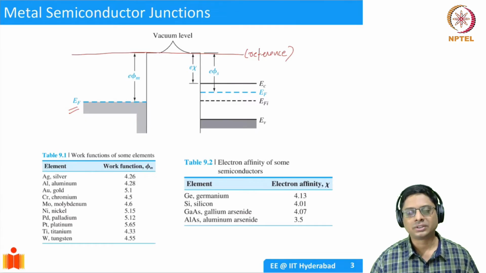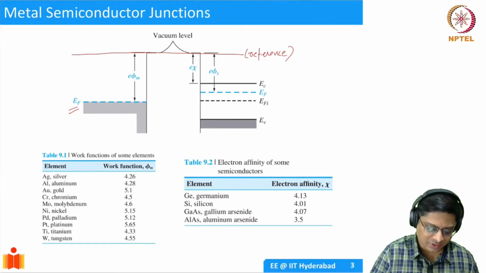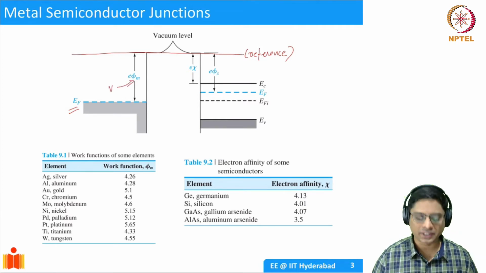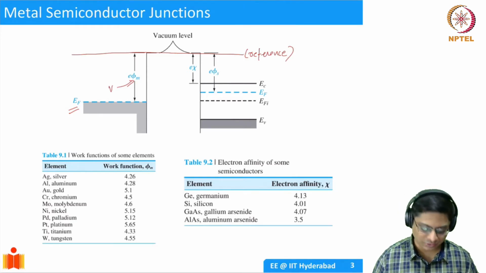So related to that, if you want to take an electron from the metal into the vacuum level, the energy required is known as the work function. Here we are representing the work function in terms of voltage, phi m. Charge times the volts will be eV, right? So that's how many eV of energy is required to take out an electron.